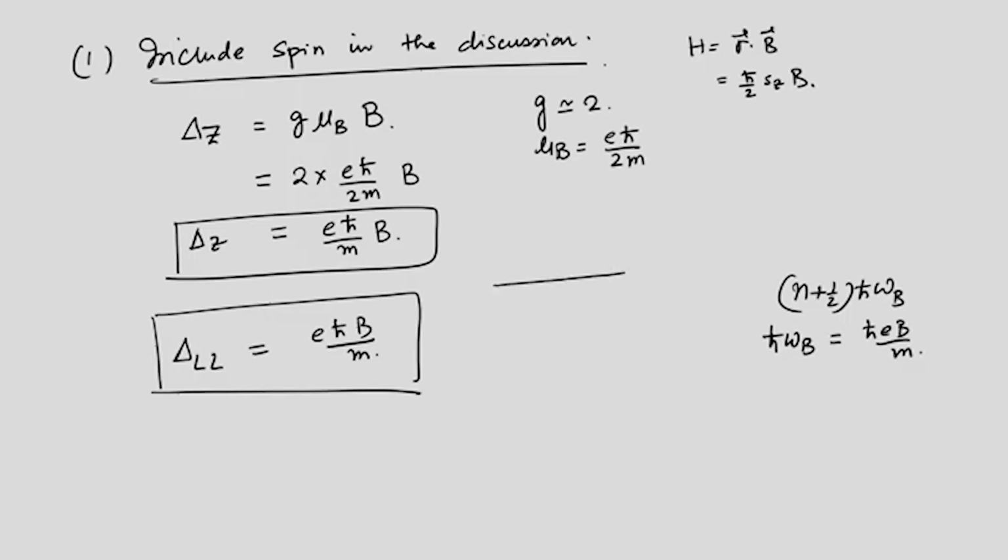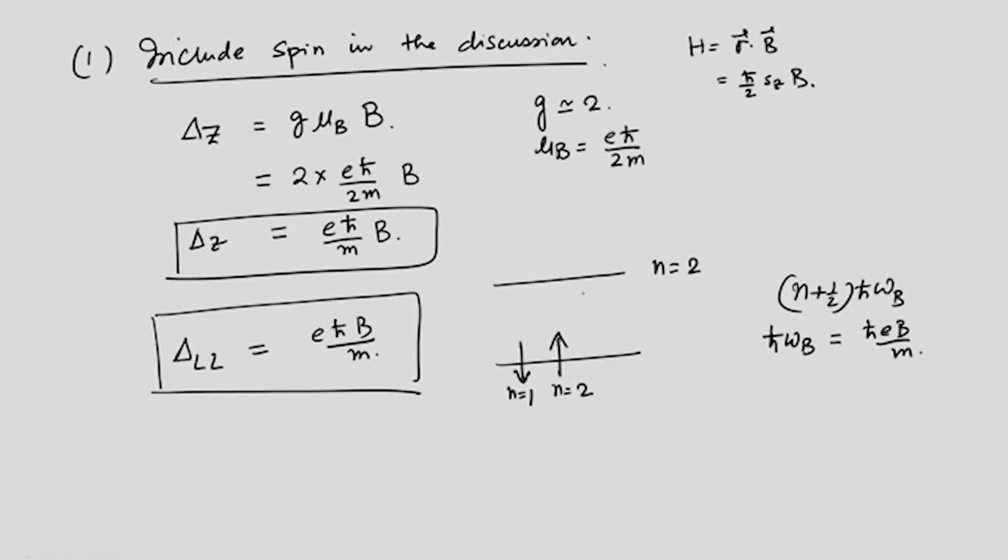So suppose this is n equal to 1 and n equal to 2, just taking two levels. So for the spin down particles, this spin down corresponding to n equal to 1 will correspond to spin up for n equal to 2. So they'll coincide and we can no longer call this n equal to 1, because this is n equal to 1 for the spin down, but it's n equal to 2 for the up.